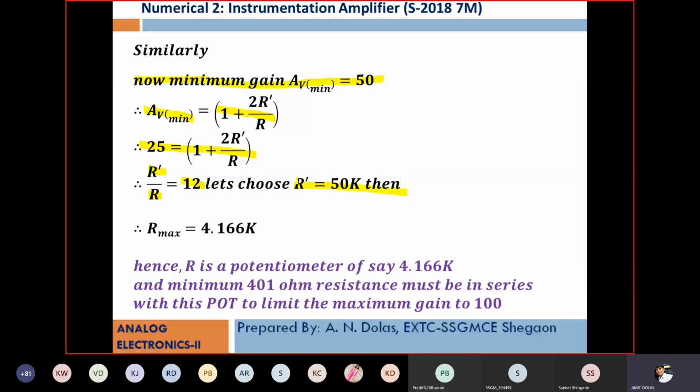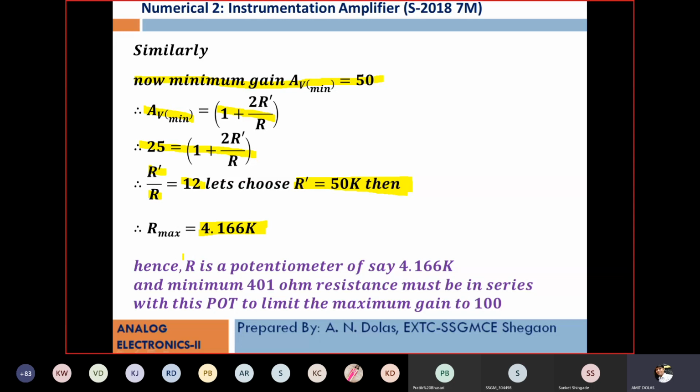R dash is 50k, so when solving the second time it must be 50k, don't change it. Accordingly, R max comes to 4.166 kilo ohm. Hence, we know R minimum is 401 ohm and R maximum is 4.166 k.